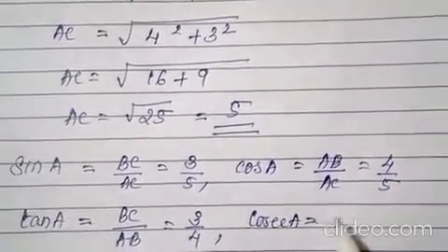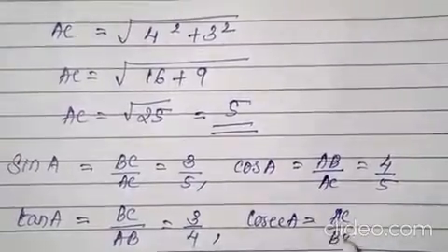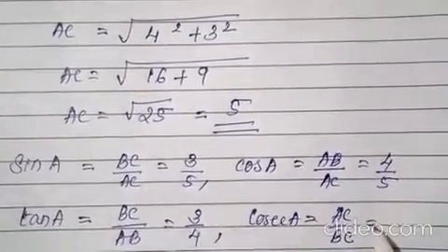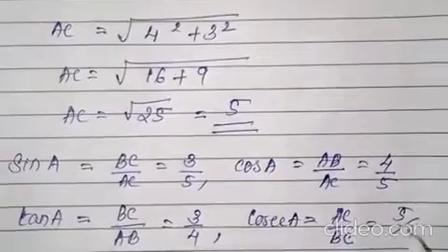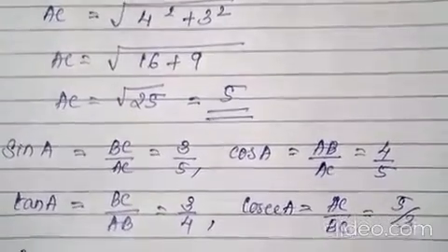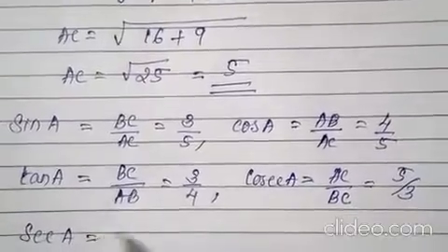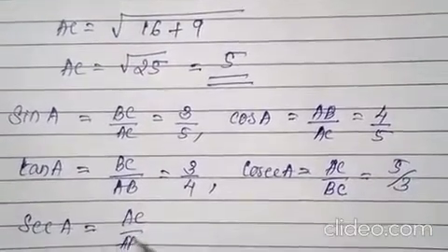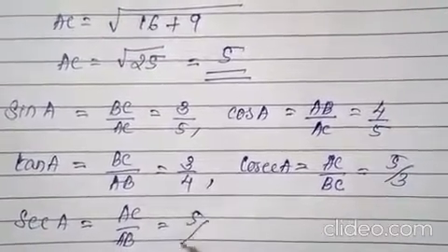Then cosec A equals AC by BC, hypotenuse by perpendicular, that is 5 by 3. Then sec A is equal to AC by AB, that is 5 by 4.